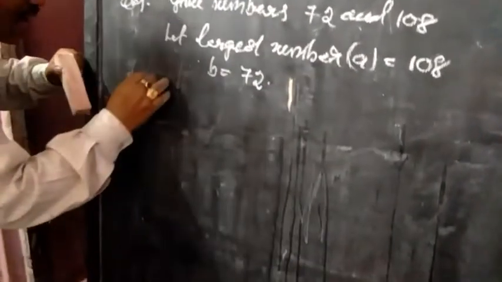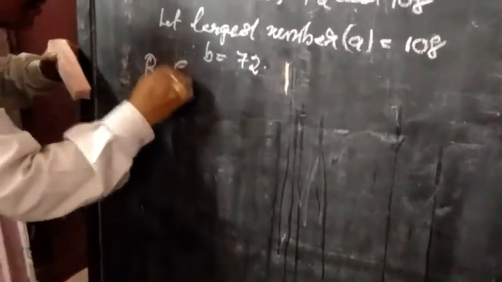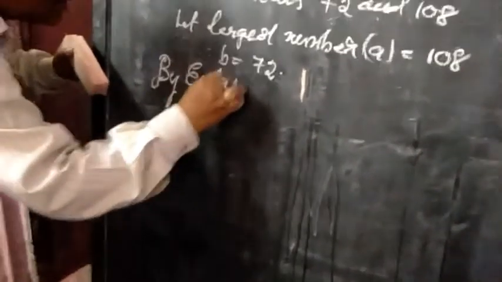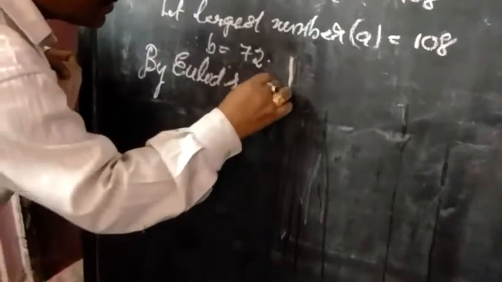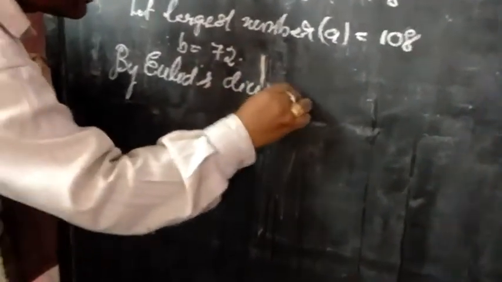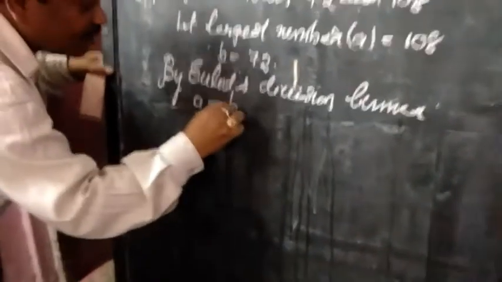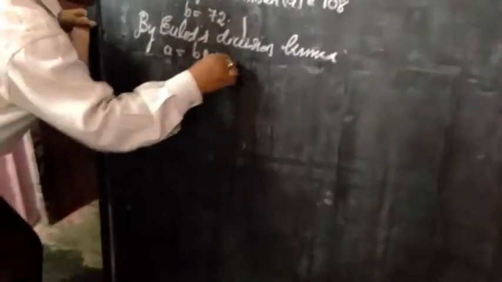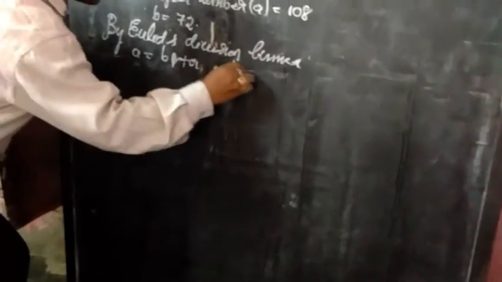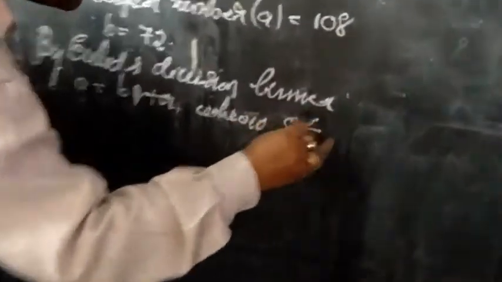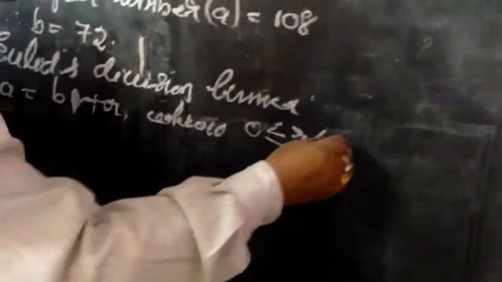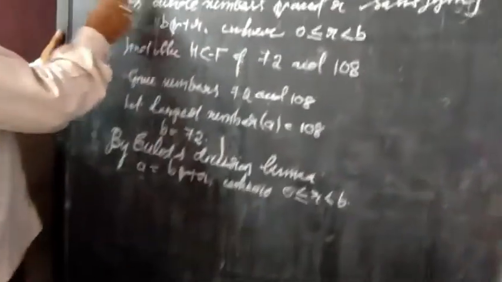By Euclid's division lemma, A is equal to, what is the formula? BQ plus R, where 0 is less than or equal to R less than B. Therefore, write it in the form of Euclid's division lemma, and calculate the next step.